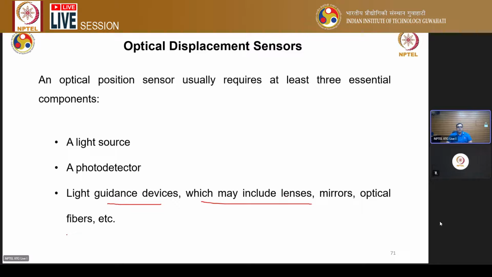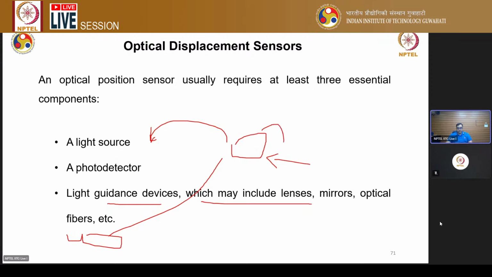Of course, the fourth component, which is not part of the sensor itself, is the object which we want to detect. It is a very important entity because we are trying to detect this particular object.